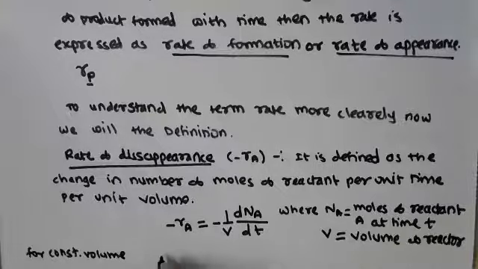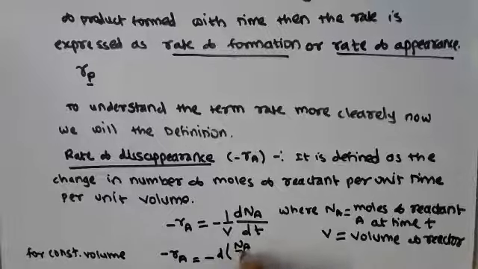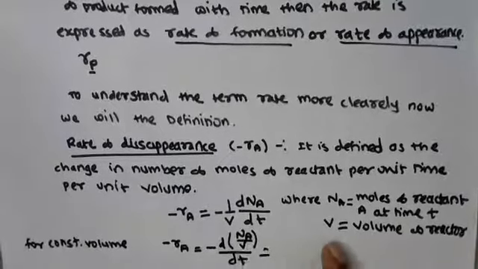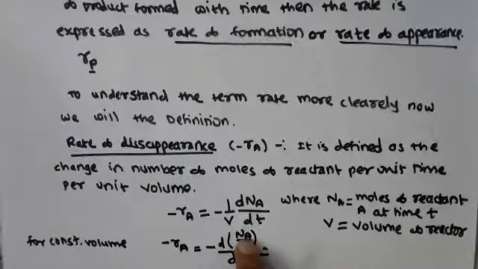So for constant volume reaction, minus Ra can be modified as d of Na upon V divided by dt. Now this Na means number of moles, V means volume.